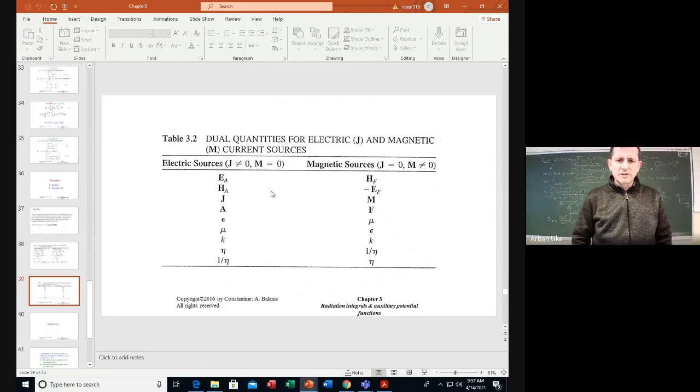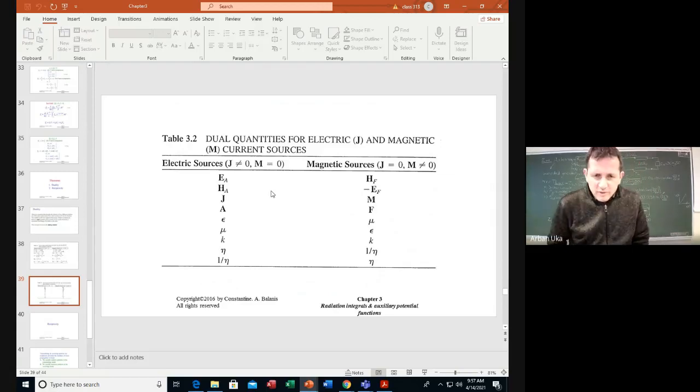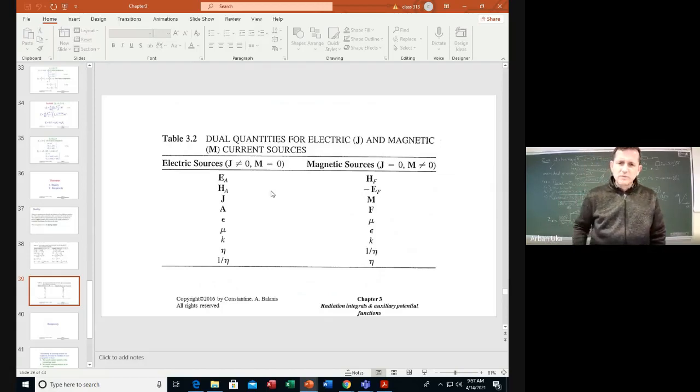Even in those expressions, we can see that permittivity and permeability are equivalent. We can use the equivalent principle. We also have that the permeability in the electric sources is equivalent to the permittivity in the magnetic sources. K is the same, and the intrinsic impedance in one domain is the inverse intrinsic impedance in the other domain.